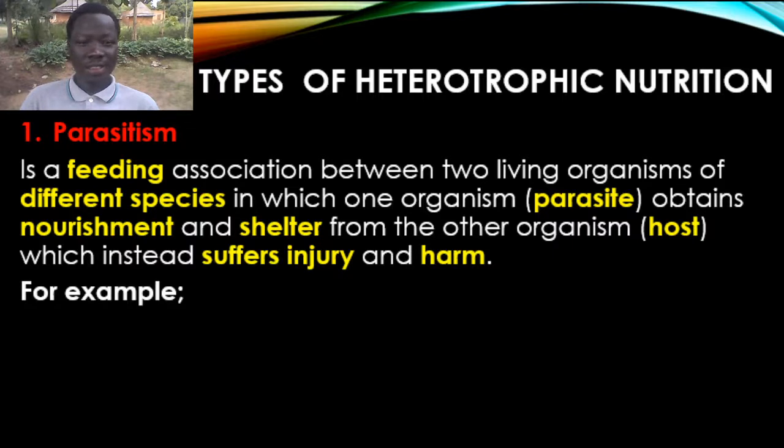But that relationship can't be qualified as parasitism, because, one, it is not a feeding relationship. Sometimes this person gives money to go and study, or maybe to transport him from one place to another. So it's not a feeding association or relationship, so it can't be qualified as parasitism.